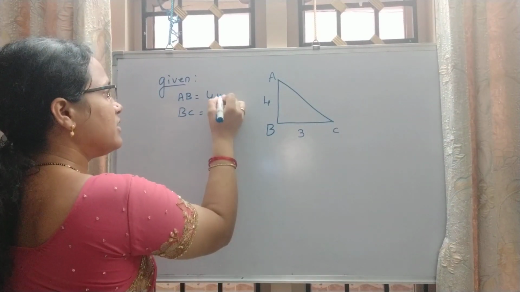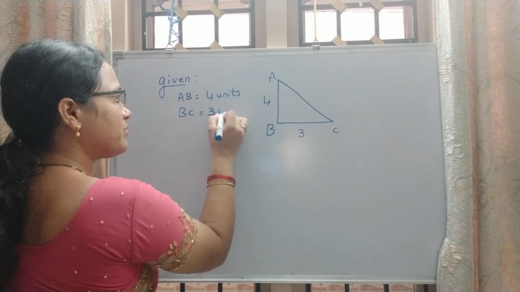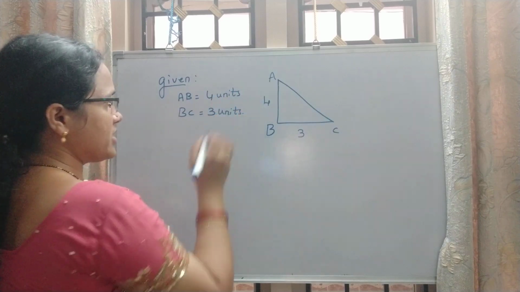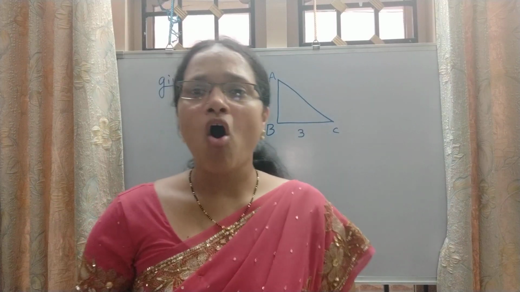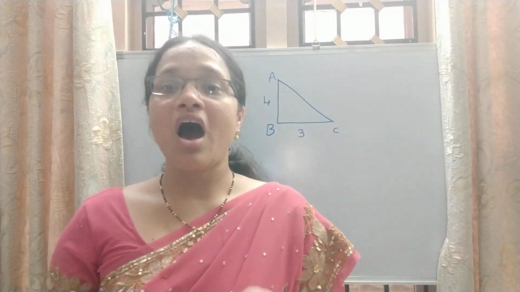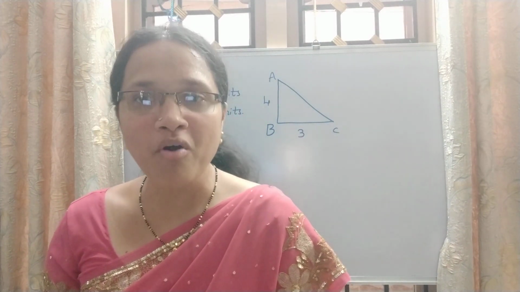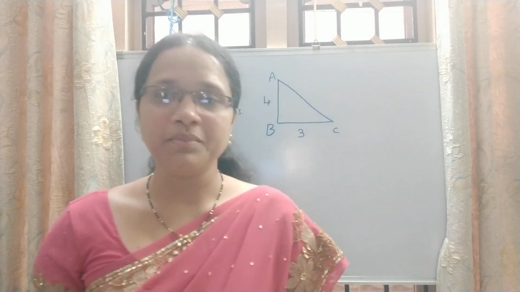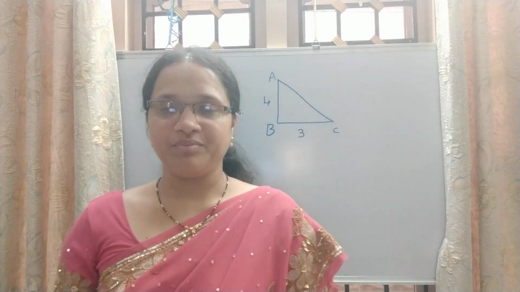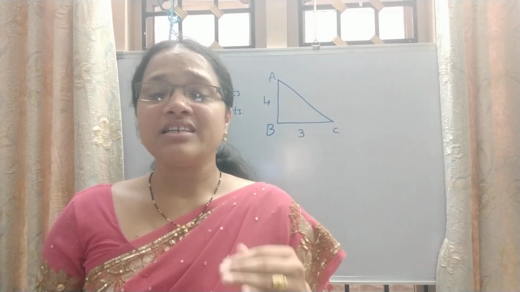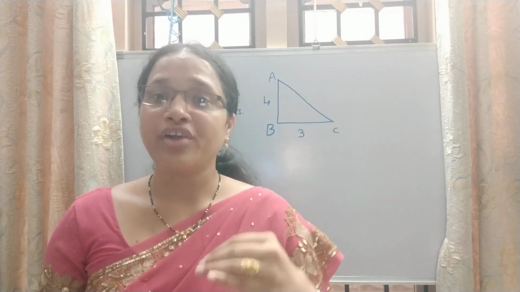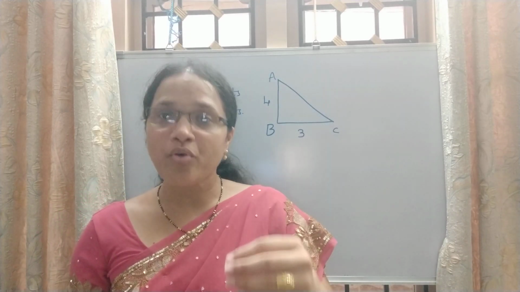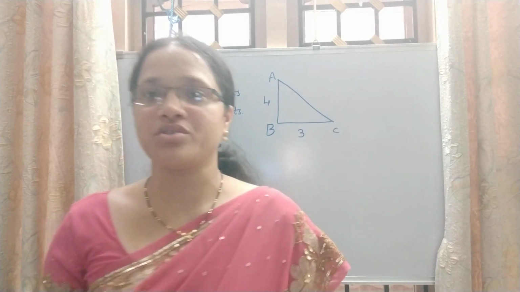But can you take these like units? No, we cannot take them like units. Why? Because all the trigonometric ratios are defined in the form of a ratio. Suppose you take sine. Sine is defined as the ratio of the opposite side to its hypotenuse.